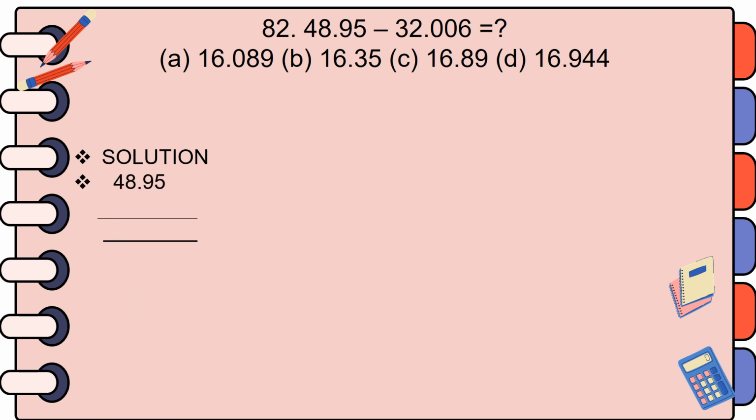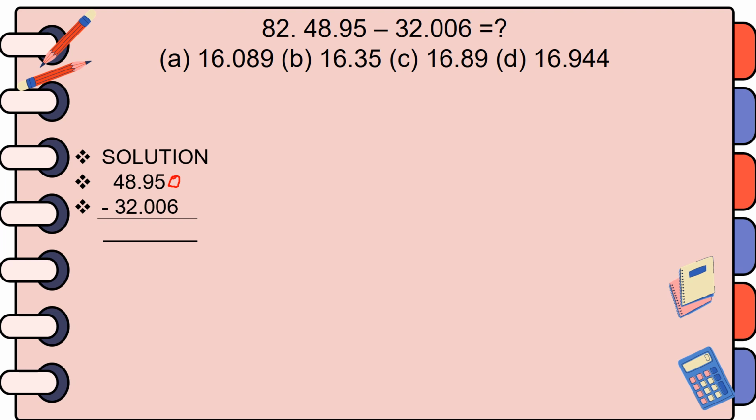To subtract decimal numbers, you can line up the numbers vertically, and you can add 0 on the empty spaces. Then you can subtract the numbers. So you have 48.95 minus 32.006. You can add 0 on the upper number, 48.950.